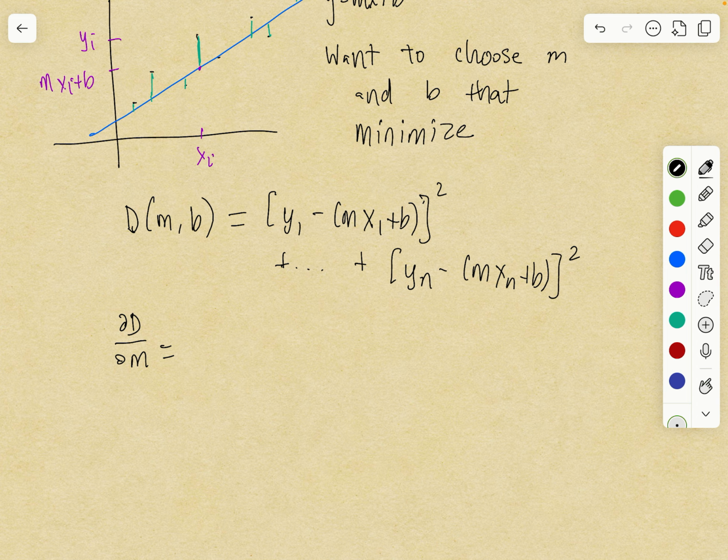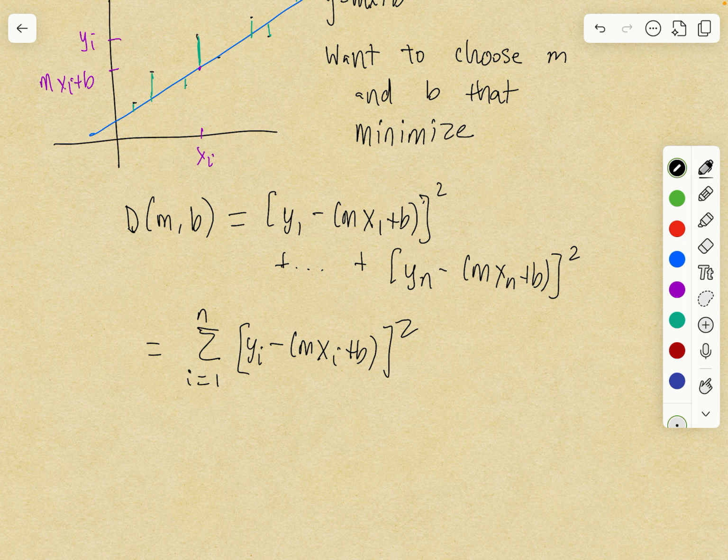So we take the partial derivative with respect to m. Well, before we take the partial derivative, it might help to expand this. And when you expand this, so this is the sum from i equals 1 to n of (yi minus (mxi plus b)) squared.